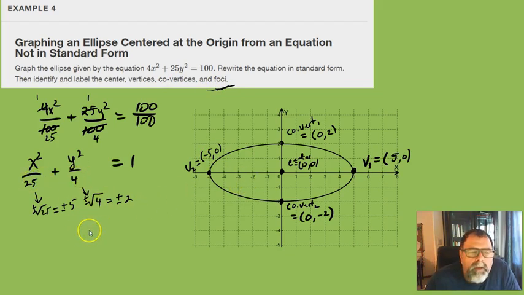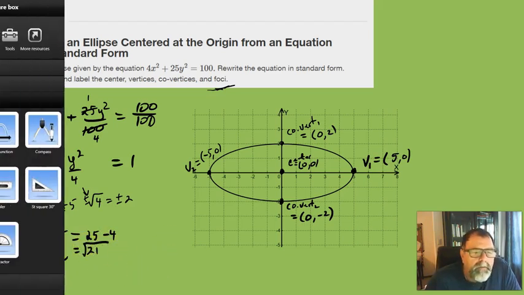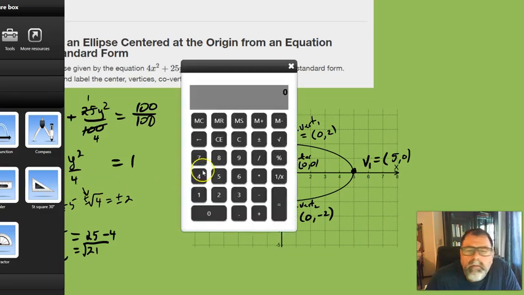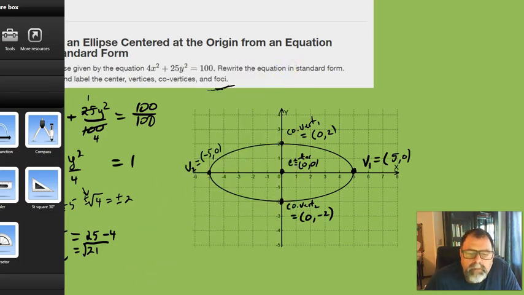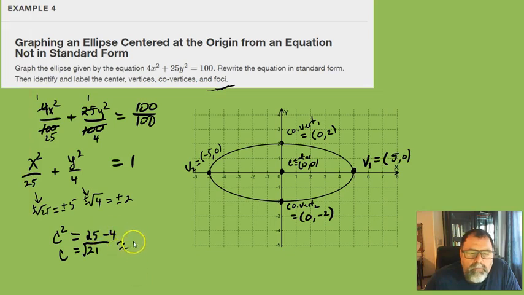we're going to do 25 minus 4, which is 21. And then the square root of that is, let's see here, square root of 21, 4.58, 4.6.